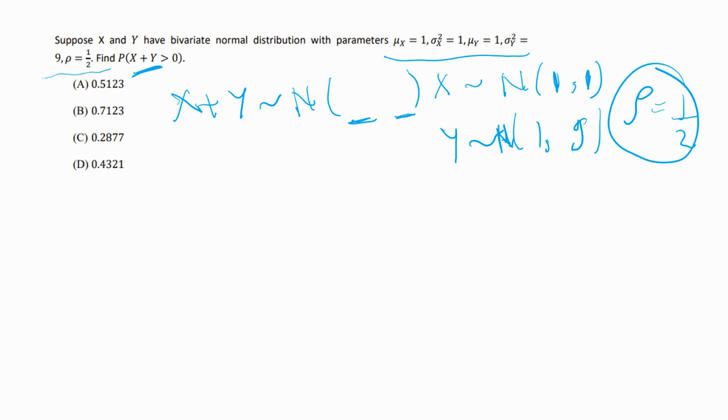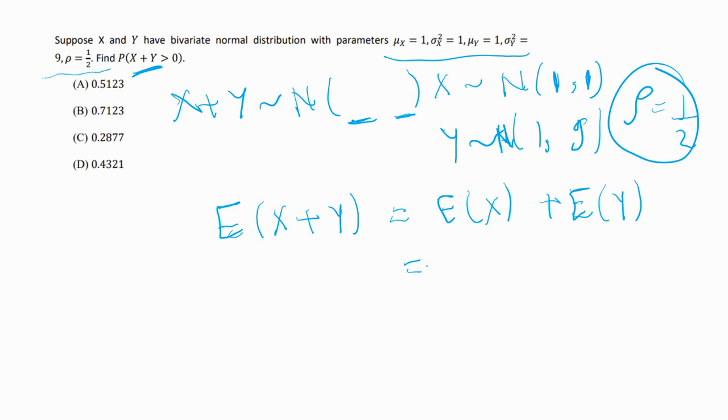So mean, expectation of x plus y will be expectation of x plus expectation of y. So that one will be 1 plus 1. This will be 2. The variance of x plus y is what?